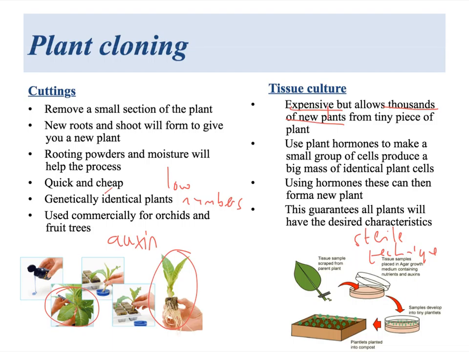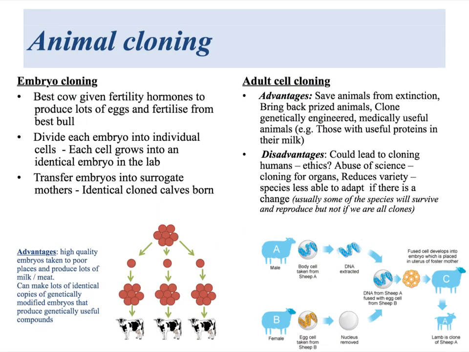You cut lots and lots of bits of tissue from the plants. You put it on this agar gel containing auxins and nutrients, and they develop into tiny plantlets, and then we plant them, and then they'll grow. They will be clones, as will these. They're both types of clones. Great if you've got a plant that you want to reproduce.